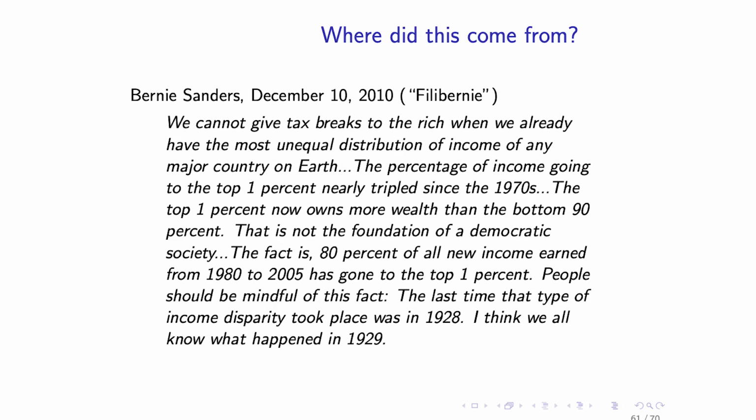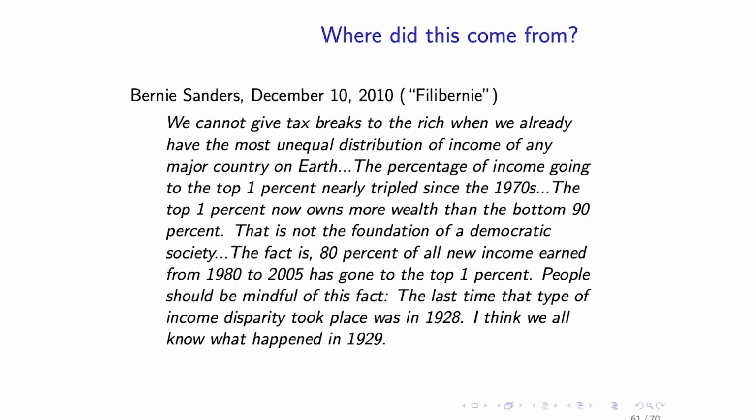Our friend Bernie Sanders, December 10, 2010, made himself, well, he was kind of famous already, but made the 1% famous with his famous filibuster, which was an 8-hour speech on these issues, opposing further tax relief, etc., for the rich.